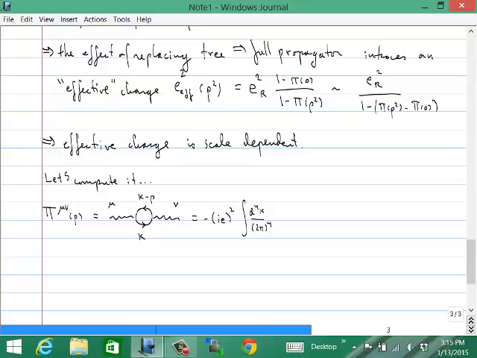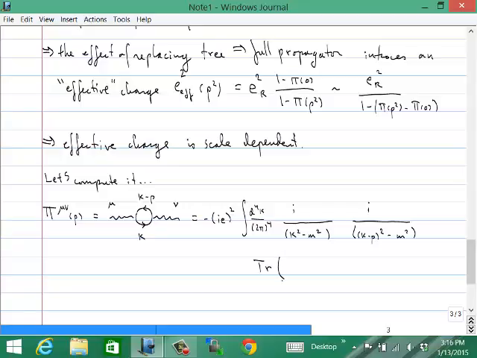We have two propagators. You have an i over k squared minus m squared as the first propagator, and an i over (k minus p) squared minus m squared as the second propagator.